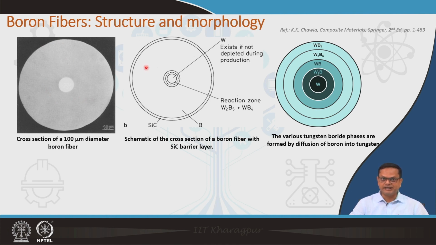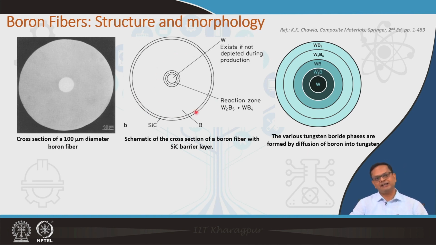Now, in this schematic you can see that you have a tungsten core and boron deposited on its surface, and then a thin layer of SiC is also coated on the surface of boron fiber, and the purpose here is that boron should not react with the matrix material when it is being used as reinforcement fiber. Okay. So, that is why this layer of SiC is deposited on boron fiber.